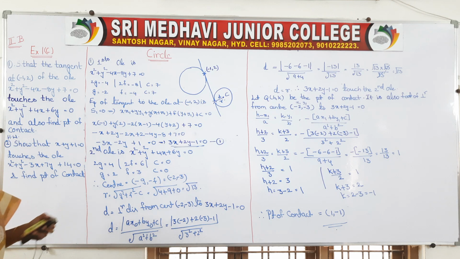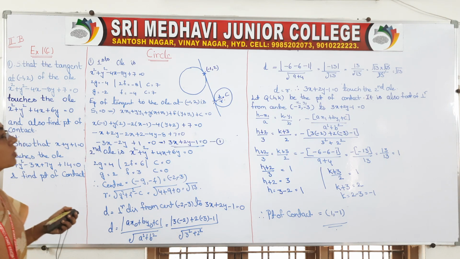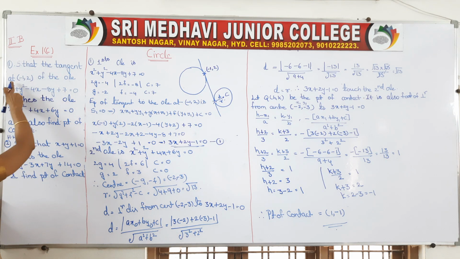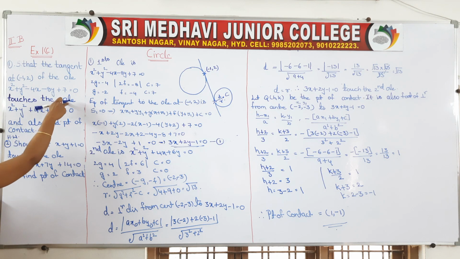This is a little bit lengthy question. Sometimes they may ask for 4 marks, sometimes they may ask for 7 marks also. So read the question carefully. Show that the tangent at (-1, 2) of the circle touches the circle.